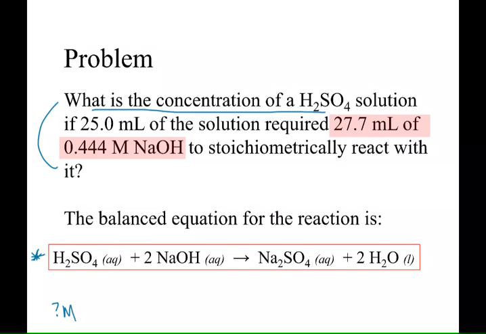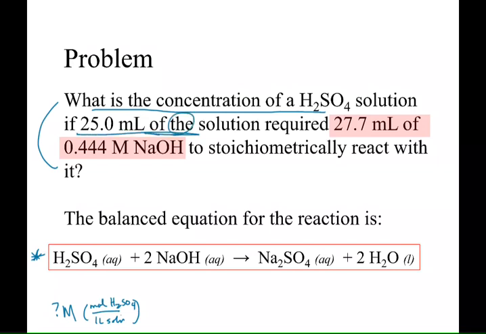big M for molarity. Remember, what I'm after then is, what is molarity? That's moles, in this case, of H2SO4 per 1 liter of solution. So that's my target. What else does it tell us? Well, it says, what is the concentration of H2SO4 if 25.0 milliliters of the solution.